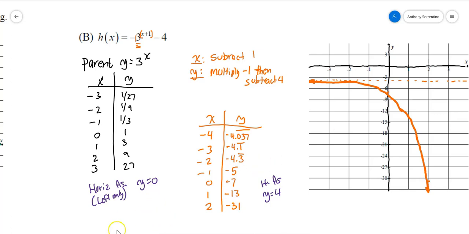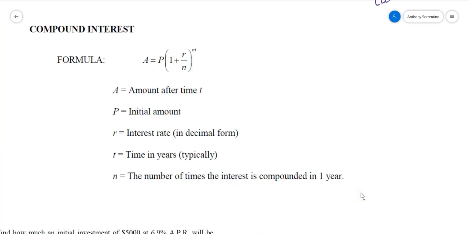The next thing we talk about with dealing with exponentials is the compound interest. So let's talk about what the formula looks like, and then from that formula, what kind of things go on with it. So compound interest, as far as exponential things go, we have this formula to follow for figuring out compound interest.